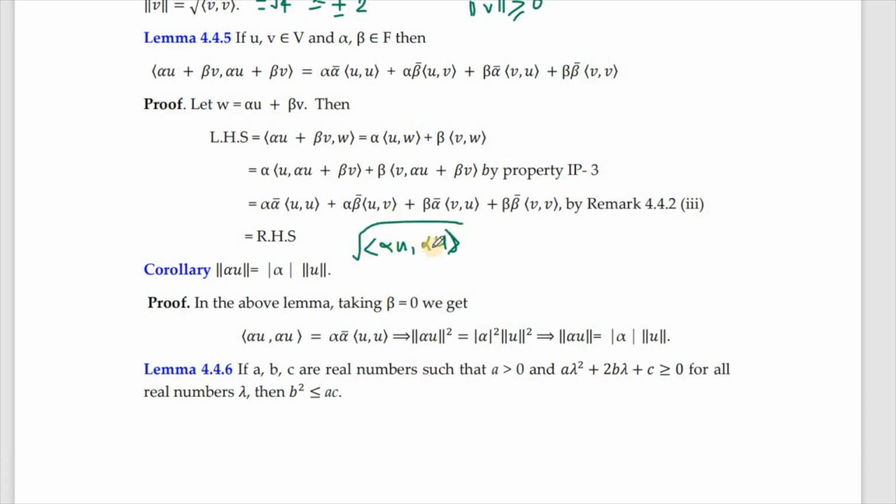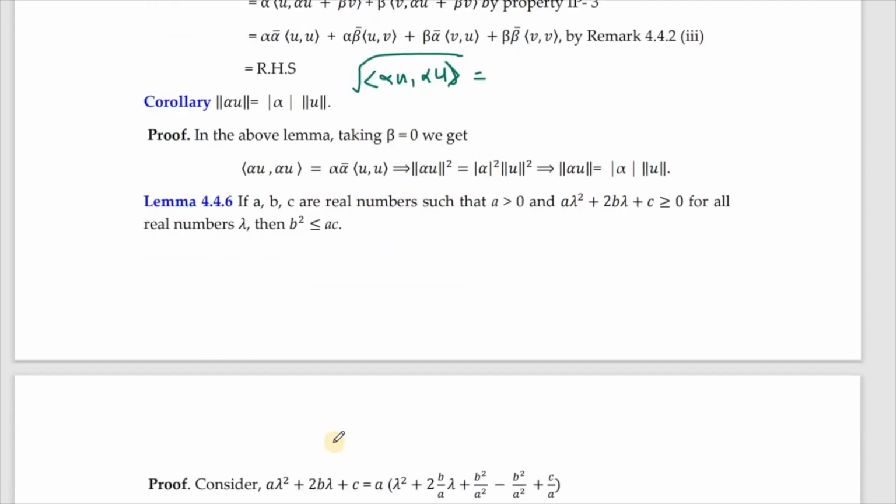So alpha conjugate will come out, and you have mod alpha square. So here it is alpha conjugate alpha, mod alpha squared, norm u squared. Therefore, the norm is always non-negative, so we don't have the negative sign here.